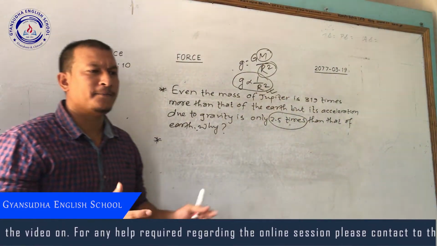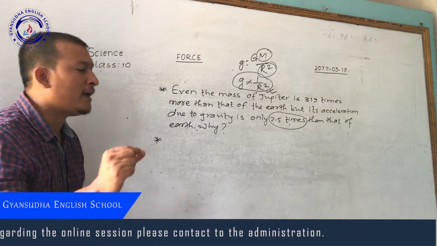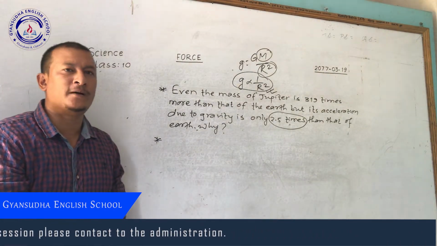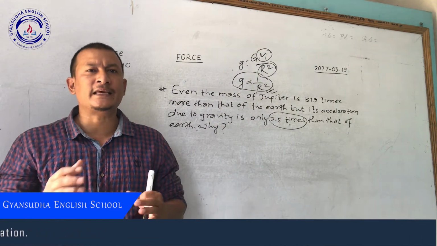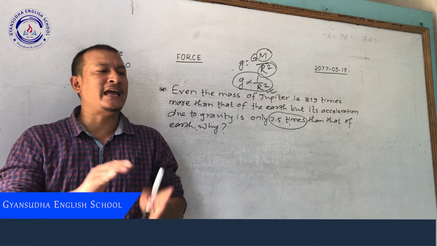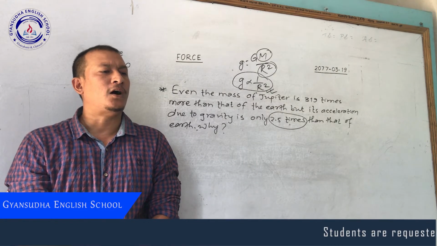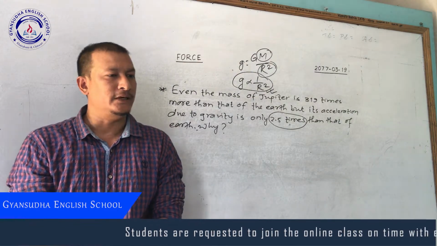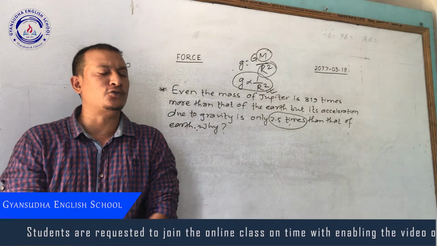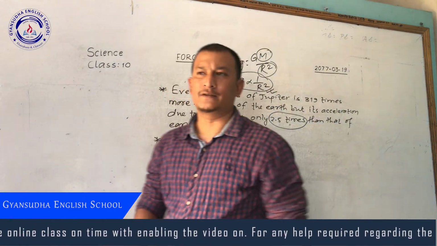Do you know why? Because the value of acceleration due to gravity of the moon is only 6 times less than that of the earth, and the weight of the object is decreased as W equals mg. You know that weight is directly proportional to acceleration due to gravity. So how to answer?